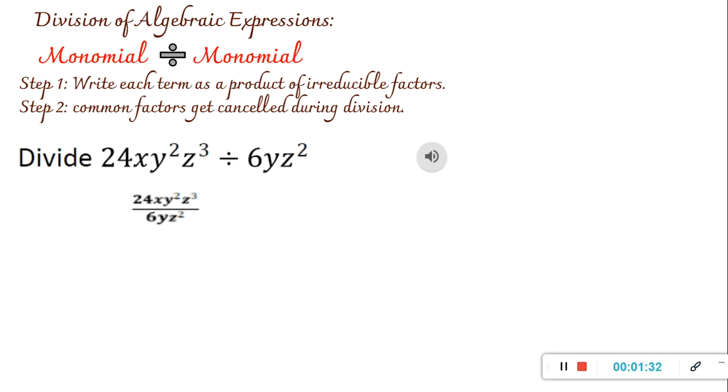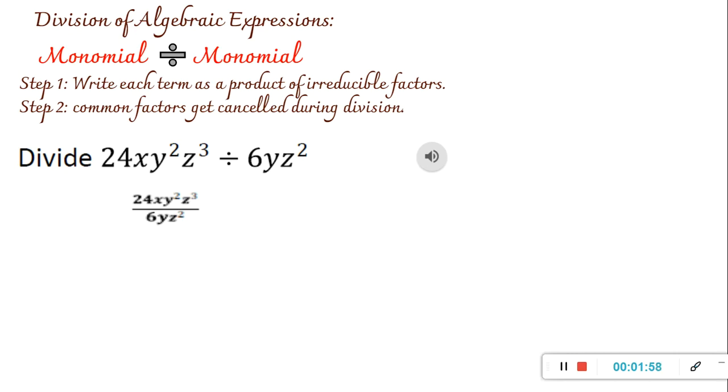The first step is to write each term as a product of irreducible factors. Again, the same thing we have already done in factorization. Let's do the first step. 24xy square z cube can be written with 24 prime factorized: 2 into 2 into 2 into 3.